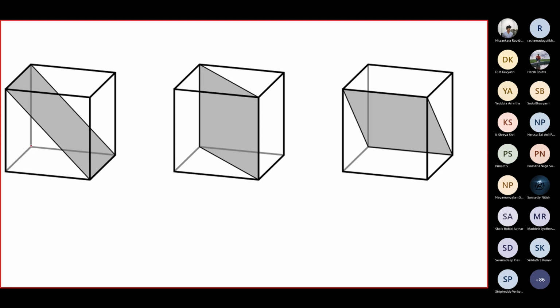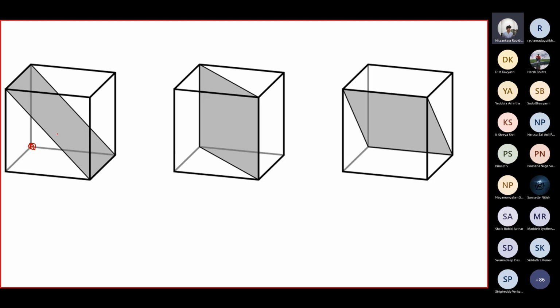See, for this diagram, you can define the origin here. If you define the origin here, what is the HKL value for this plane? One infinity one. This cuts the x-axis at 1, is parallel to the y-axis, and cuts the z-axis at 1.